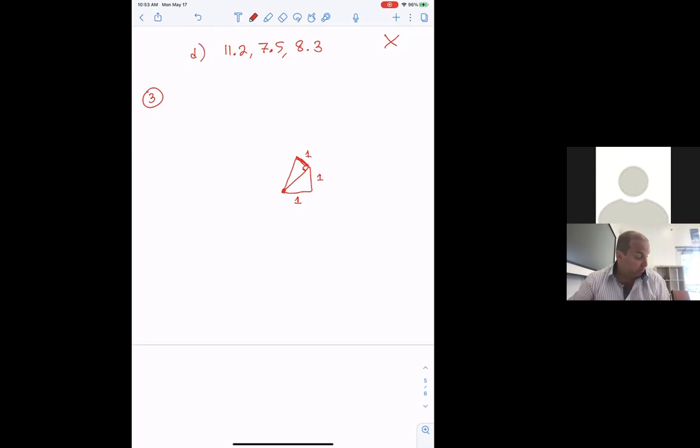And that part is of length 1. Then it forms a right triangle here. And that part is length 1. Then it forms a right triangle here. And that part is length 1. And it keeps doing this all the way around the circle. It actually draws them all, and I just don't have the time for that.